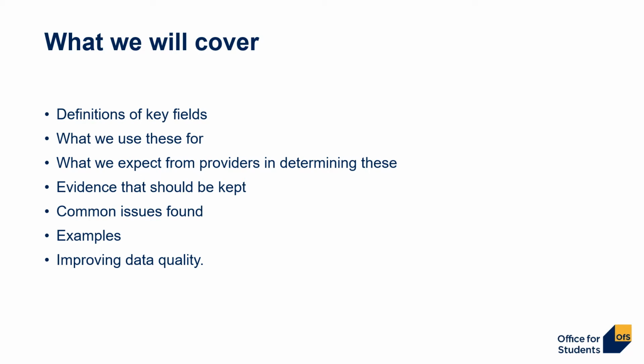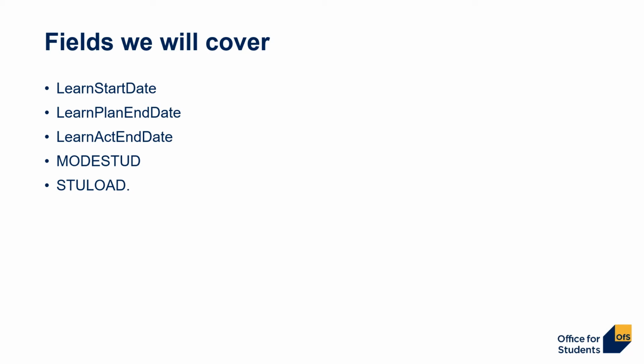We'll be looking at the evidence that should be kept, some common issues found, and then we'll also go through some examples before talking about ways that you can improve the data quality. So in this session, these are the fields we're going to be covering. So mainly around the reporting of the activity dates. We'll also be looking at the mode of study and the STULOAD field.